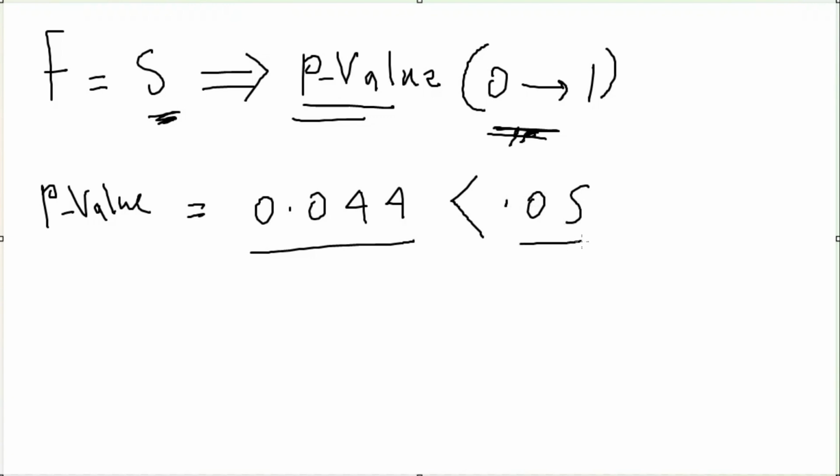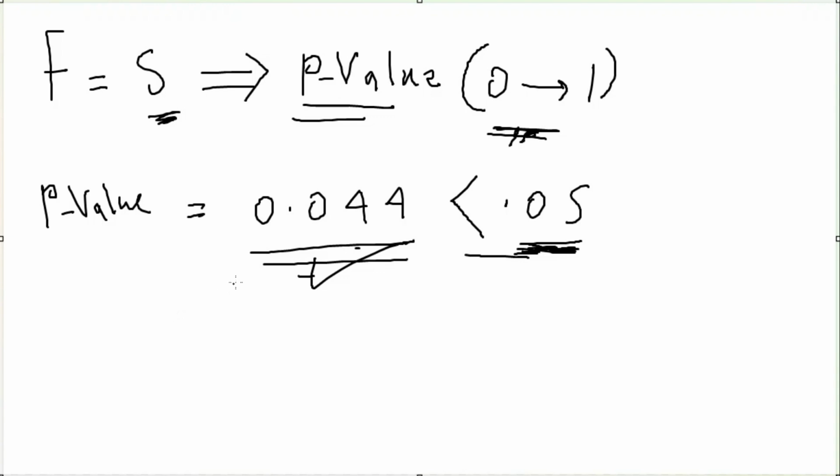This is our criterion for being small. We call it level of significance. It is the criterion for being a small p-value. Let's say that our level of significance is 0.05. Okay, so this one of course is smaller than 0.05, so this p-value is very small.